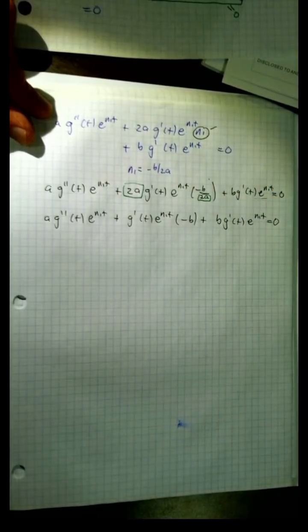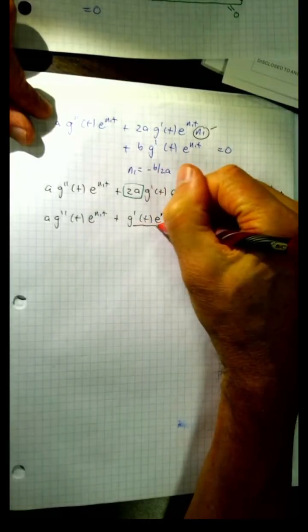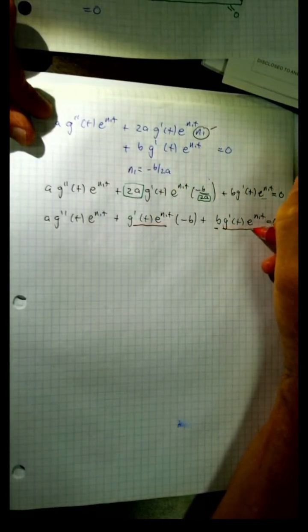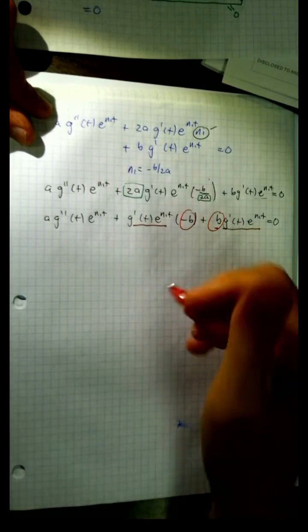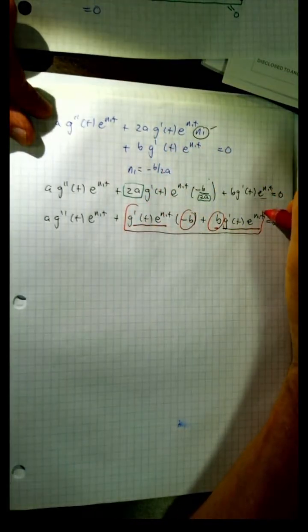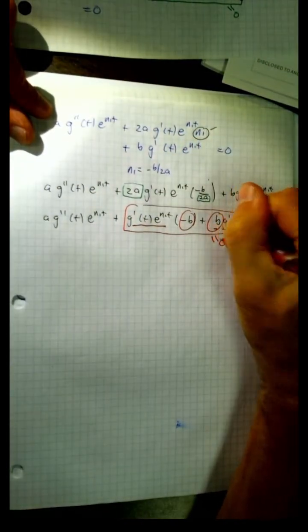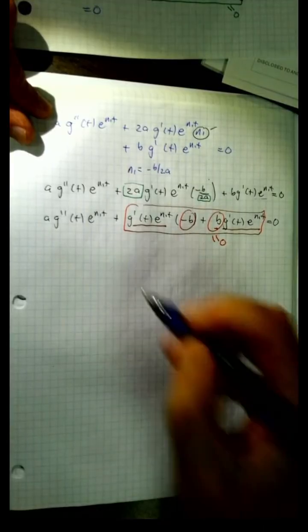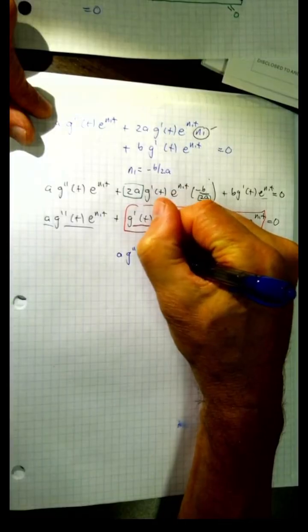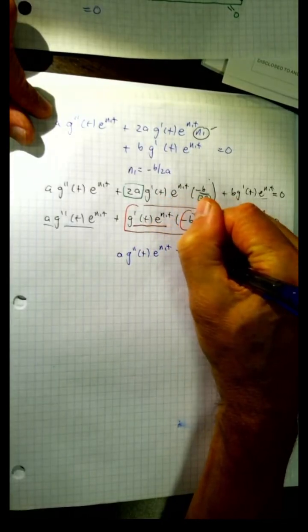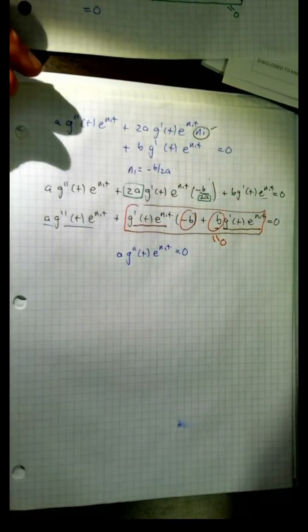And note, that's the same, that's the same. The only thing that's different is a b versus minus b. So these two terms cancel, and in the end I'm only left with a g double prime e to the n1t is 0. Okay.